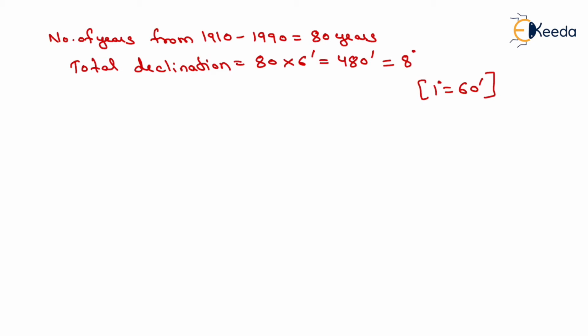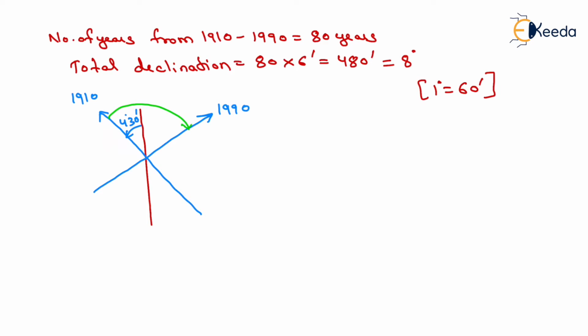We all know that. Okay, now in 1910 the declination was 4 degree 30 minute, and in 1990 the total change in declination is 8 degree. It means that the total change in declination from 1910 to 1990 will be nothing but the 8 degree, that is the total change in declination in eastward direction.